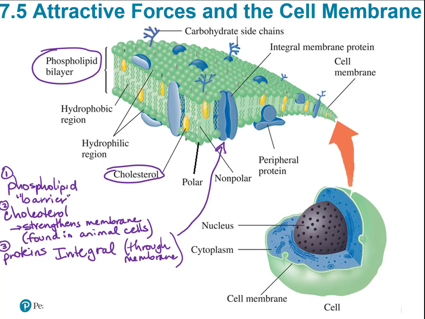So remember we said this is a barrier, but what do you see in that integral protein? It looks like there's like a hole or a channel or a pore, like a tunnel. So it looks like there's a passageway in that integral protein. And that's one of the big jobs of integral proteins, is they let some molecules in.